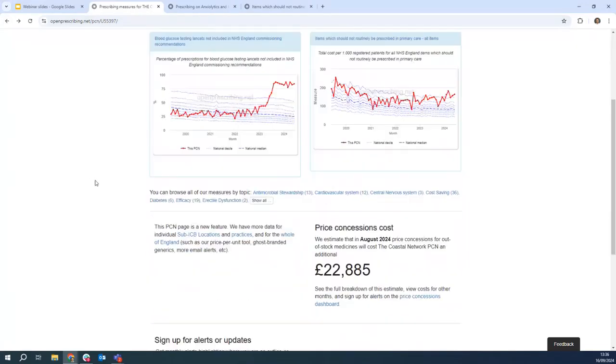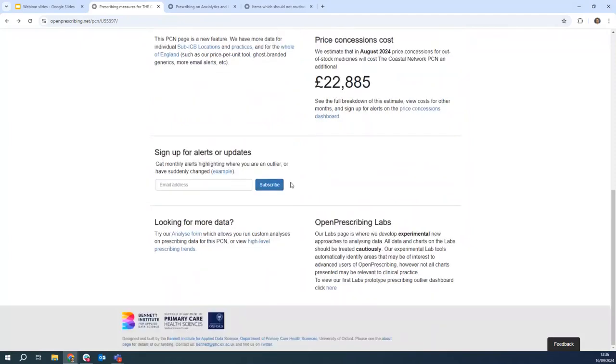Right, okay, so then moving onwards, if we go back to the home page, yep, we're back here. One thing I would definitely encourage you after today is to think about signing up for our alerts. Every month as we get through the data, we ingest it, we process it, we update our charts, and then we send out an email to everyone that's subscribed, telling them what's happened, what's updated, what's changed.